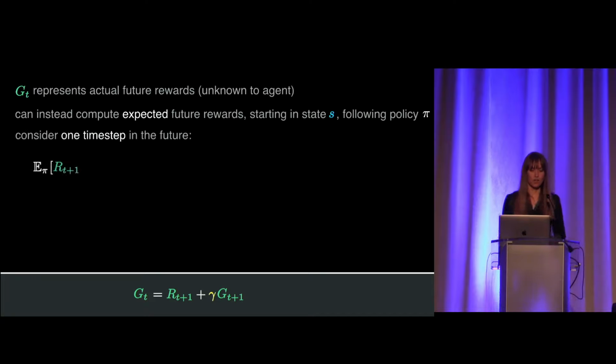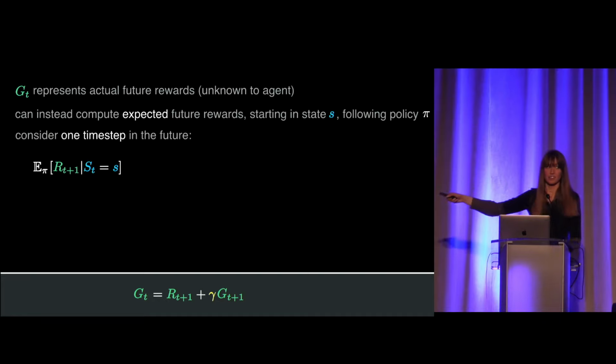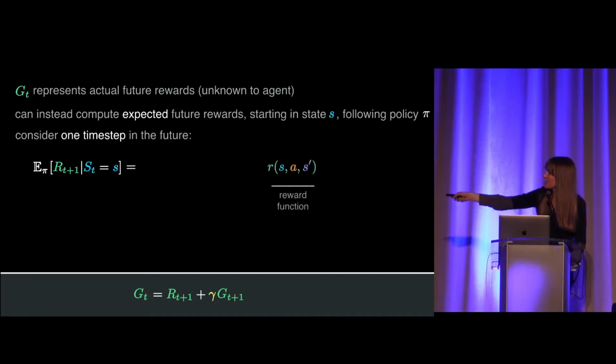So let's say that we want to compute the reward we expect to get on the next time step. The way I'm going to write that is as the expectation over the reward at time t plus 1, given that we're following our policy pi, and given that we're starting in a particular state s. And so the way that we can define this is in terms of the reward that we would get given that we start in s and take an action a to state s prime.